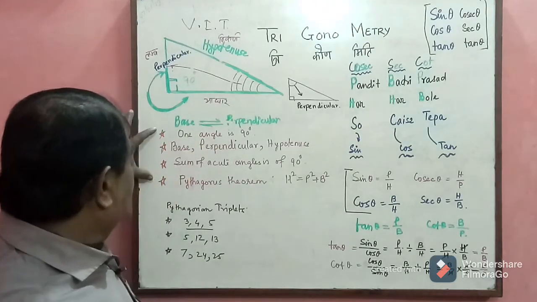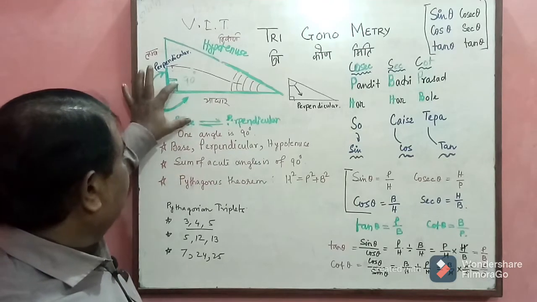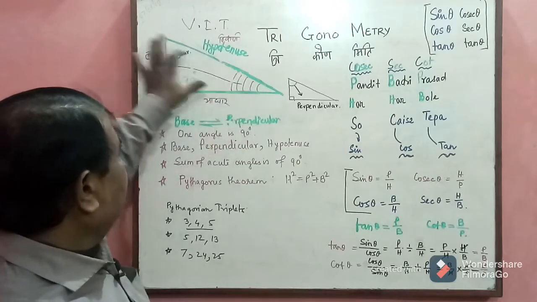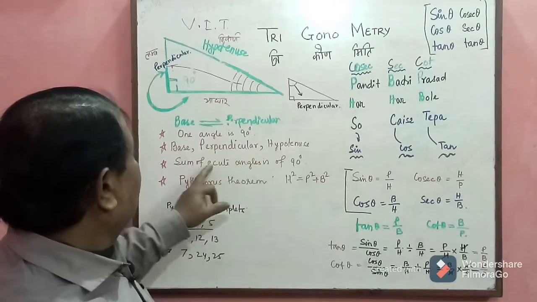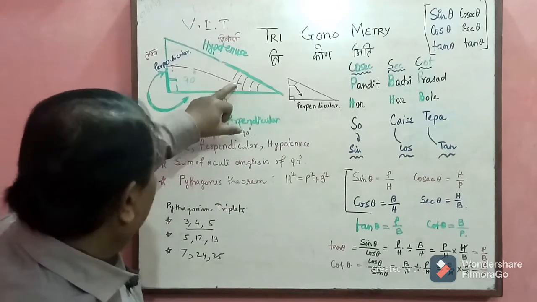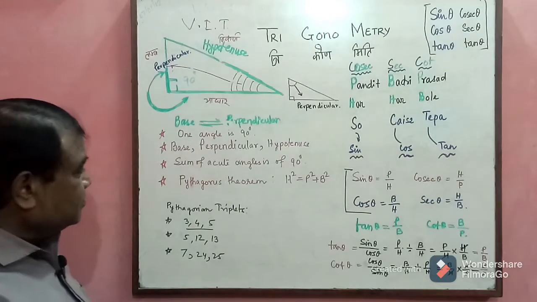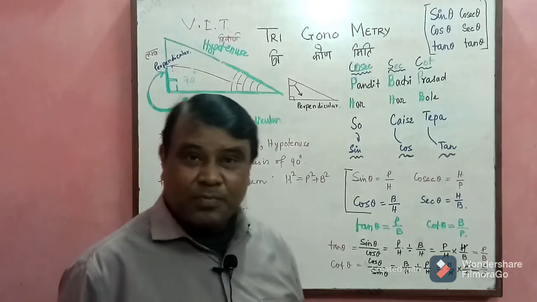These are the things we must know. One angle is 90 degrees. It has its sides' names: base, perpendicular, hypotenuse. The sum of acute angles is 90 degrees and the Pythagoras theorem is valid here. Hypotenuse square is equal to perpendicular square plus base square.